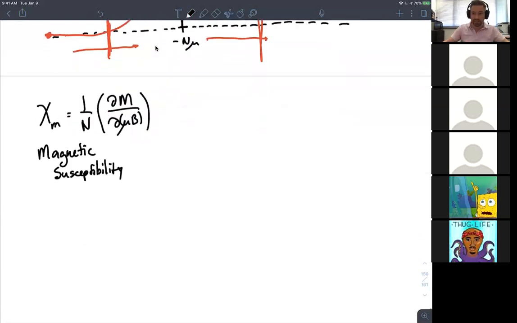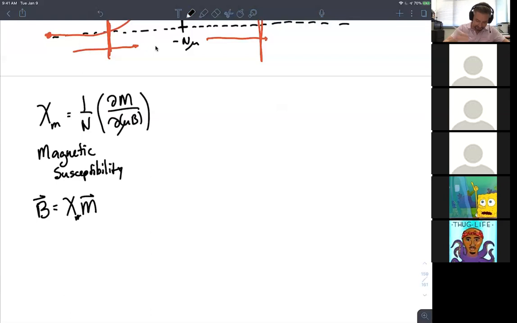Okay, and if you remember your E&M classes, the definition is related to this: you apply an external magnetic field to a material. That applied external magnetic field induces a magnetization, and there's a proportionality constant between these two.